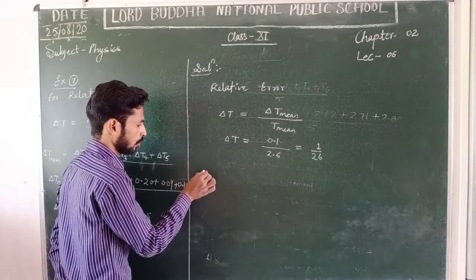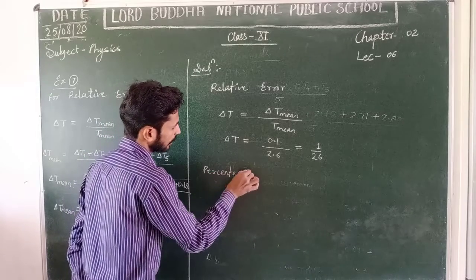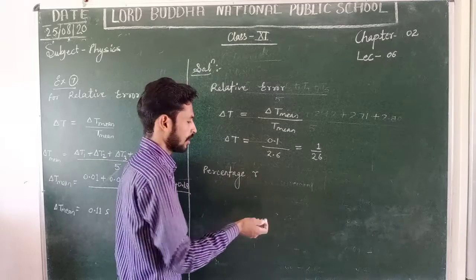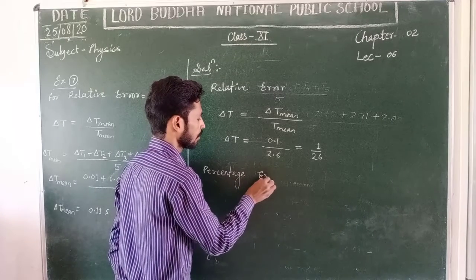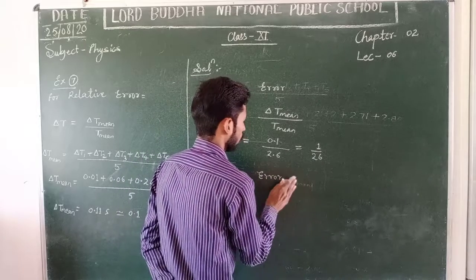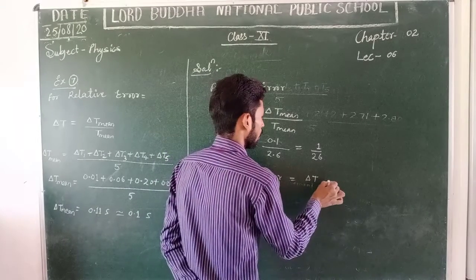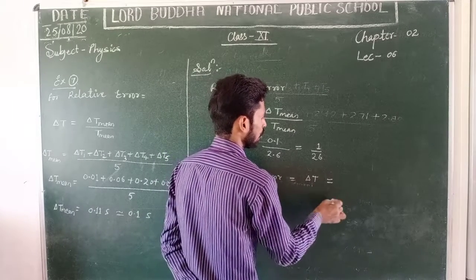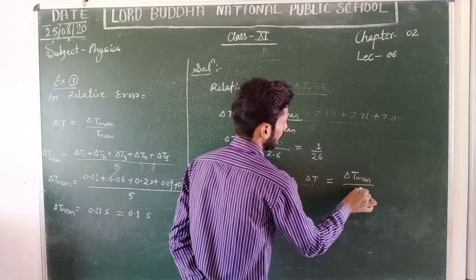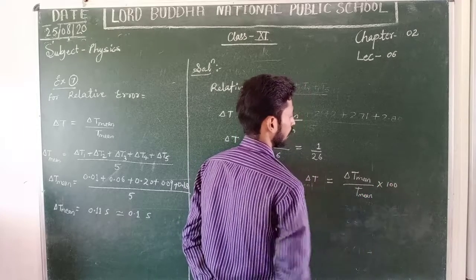If we go to the percentage error, it equals delta T mean divided by T mean multiplied by 100.